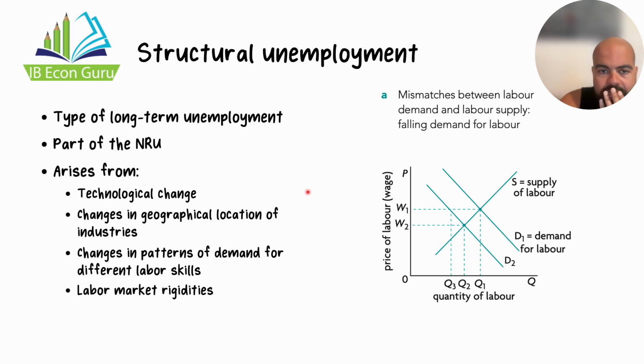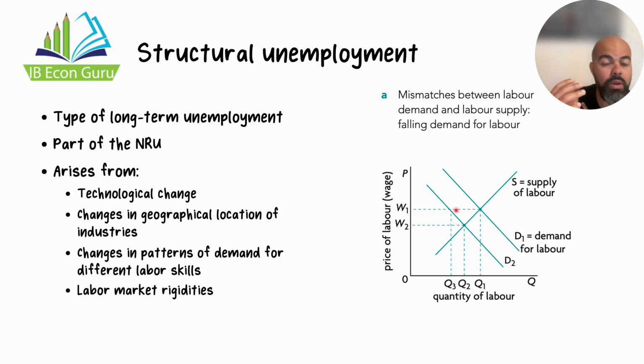So what happens is for a period of time, the quantity supplied of labor is still Q1, but the quantity demanded is Q3 because the wage is stuck at W1. Okay, so for a period of time, the difference between Q3 and Q1, so Q1 minus Q3, will be the quantity of workers that are structurally unemployed.